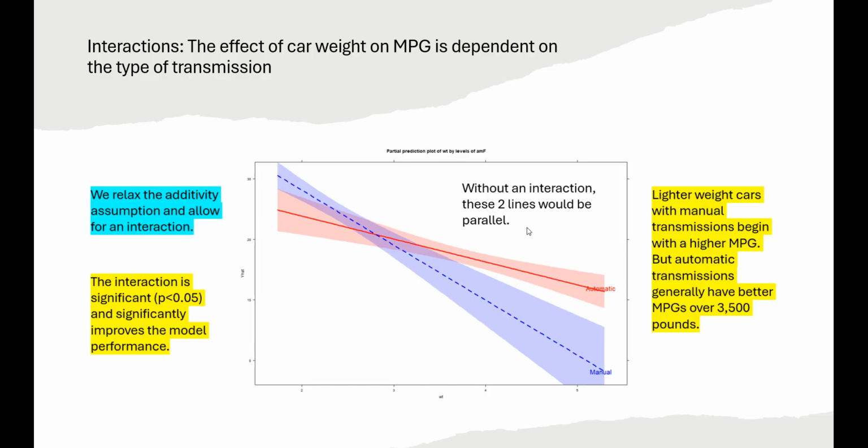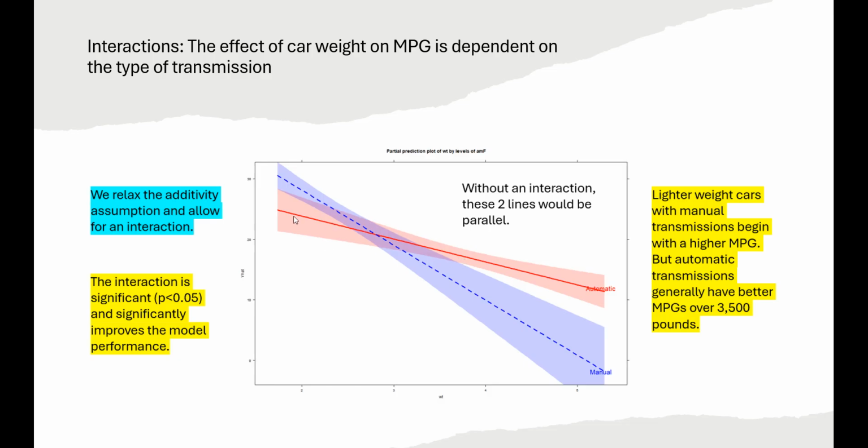And here's a visual display of interactions. In this graph we see the effect of car weight on miles per gallon is dependent on the type of transmission. So without an interaction term, we'd see that the red and blue lines would be parallel.